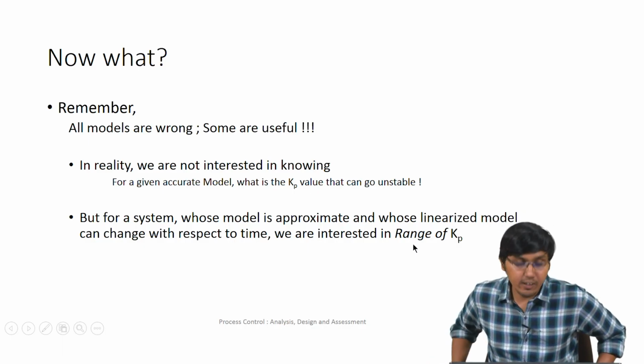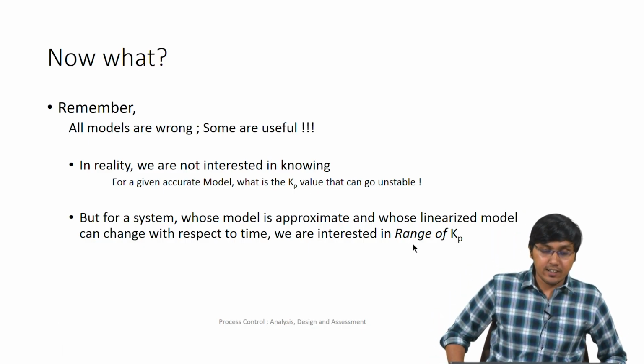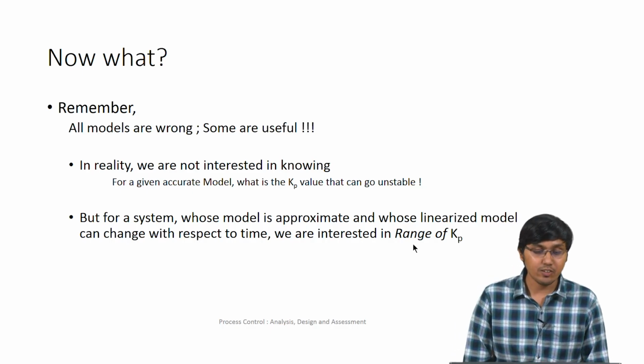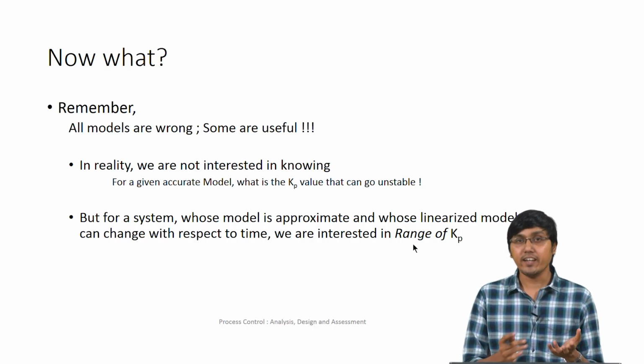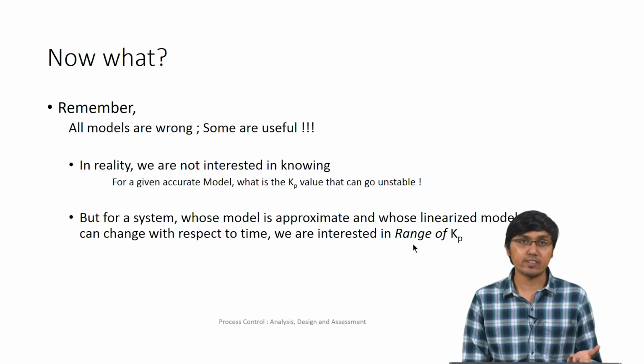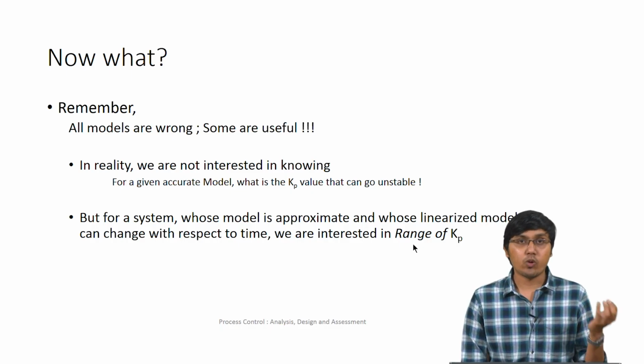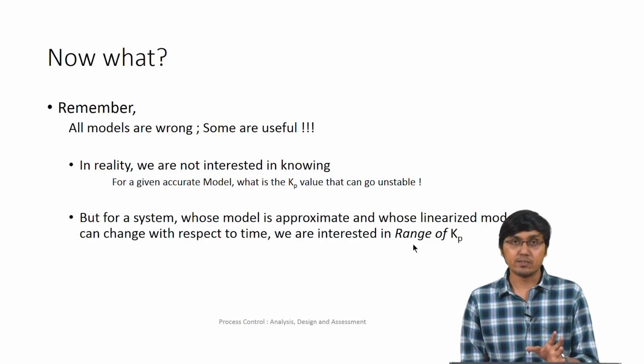Okay, fine. Now we are going to ask another question. Given a transfer function, we are able to tell at what value of Kp the system is going to go unstable.